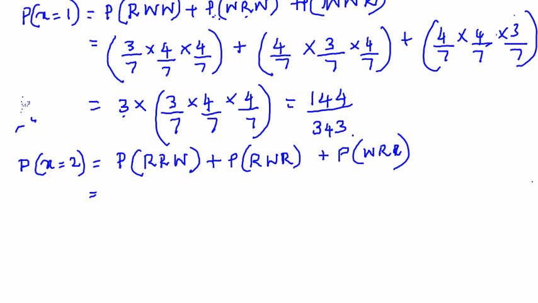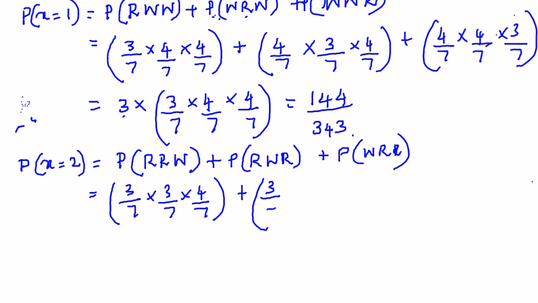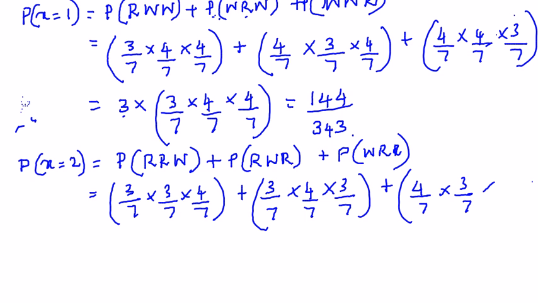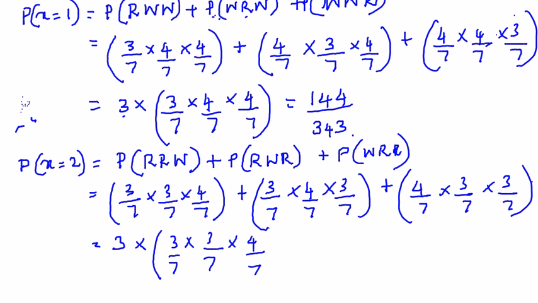So the probability of getting 2 red balls is going to be 3 by 7 into 3 by 7 into 4 by 7 plus 3 by 7 into 4 by 7 into 3 by 7 plus 4 by 7 into 3 by 7 into 3 by 7, or simply put, you can write it as 3 times 3 by 7 into 3 by 7 into 4 by 7.